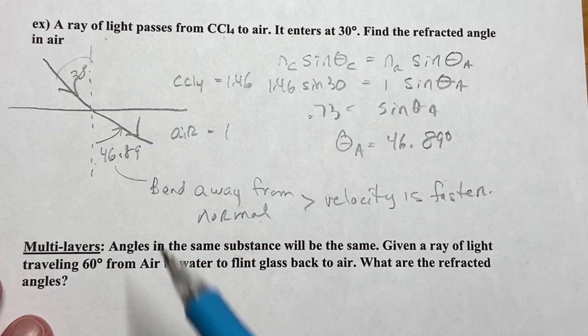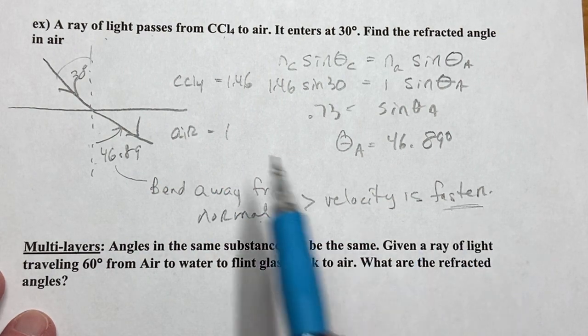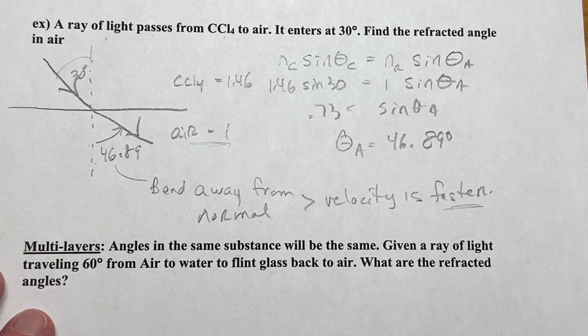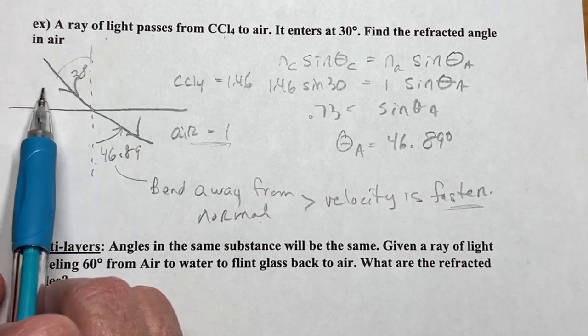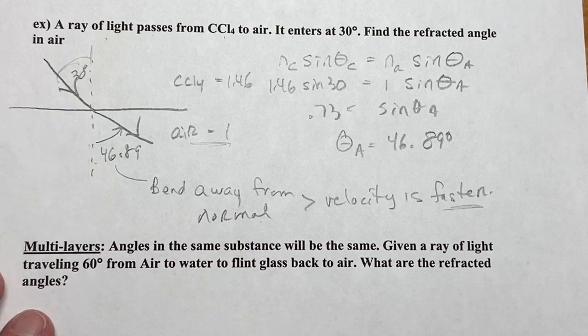So by pictures, if I have a bigger angle here, I'm always going to know it's faster. I'm also going to always know it's a lower index of refraction. And then reverse it. Over here, it's a higher index of refraction, which means it's more towards the normal. The velocity will be slower.